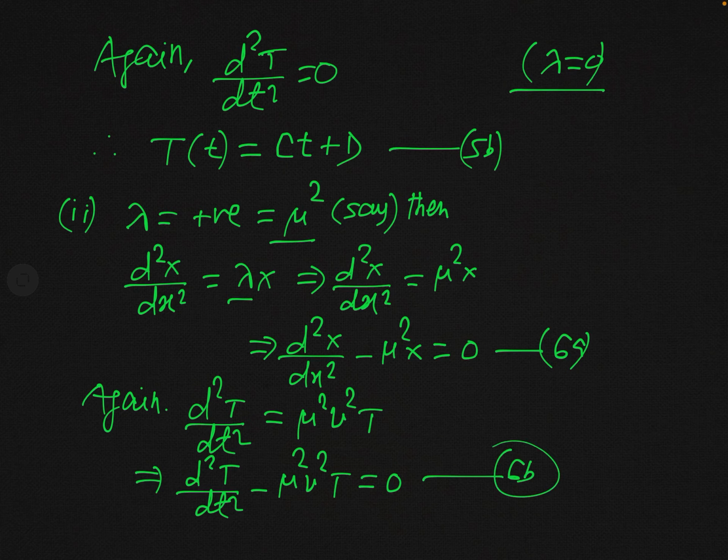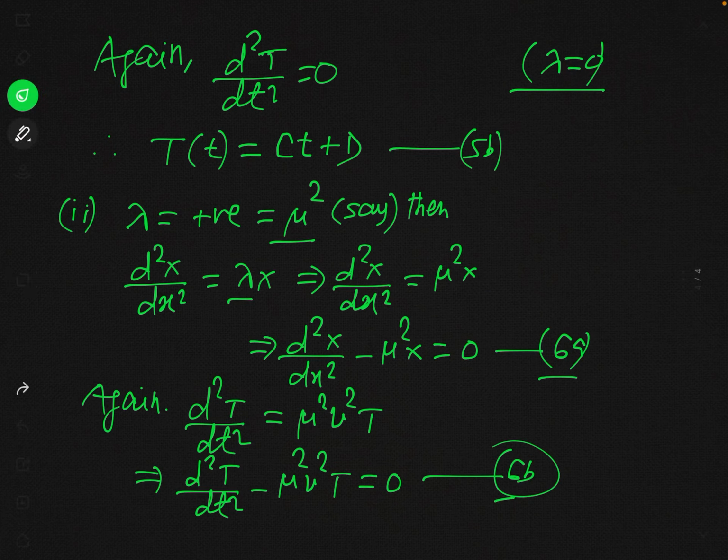Now you can see the form of equations 6a and 6b. From these forms of the differential equation, the solution will actually be exponentially varying. So these are the standard equations.